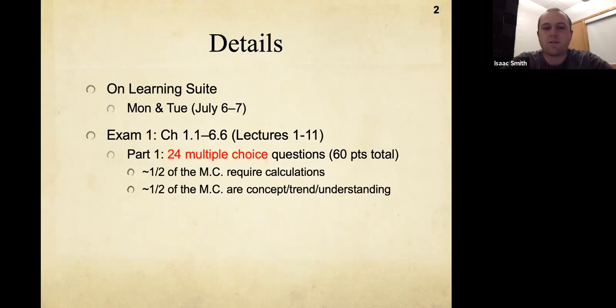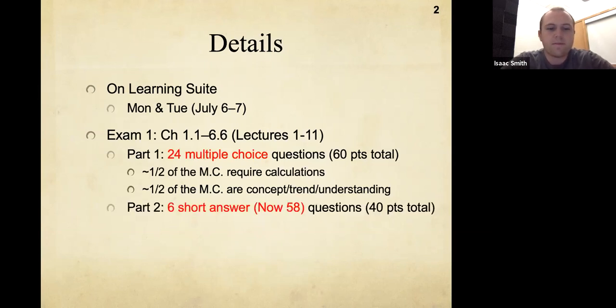About half of them require calculations, and half of them are kind of a concept or trend, like which of these elements is largest or something like that. And then there's usually a short answer as part two, where you'd write on the test and fill it out. But I've converted those to be able to do online, and there's like 58 of them now.